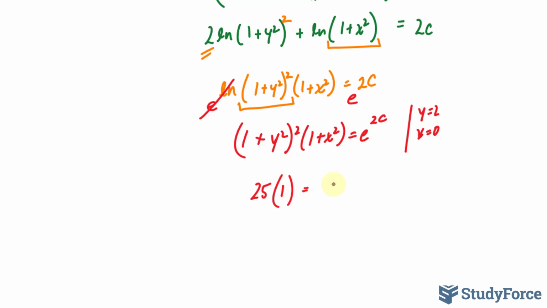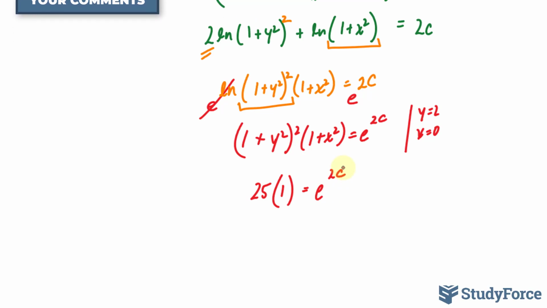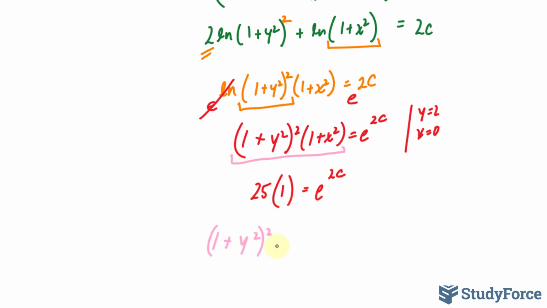So 25 is equal to e to the power of 2c. Therefore, going back to what I had here, this part is equal to 25. So 1 plus y to the power of 2 raised to the power of 2, bracket 1 plus x to the power of 2 is equal to 25. And this is our solution to our question.